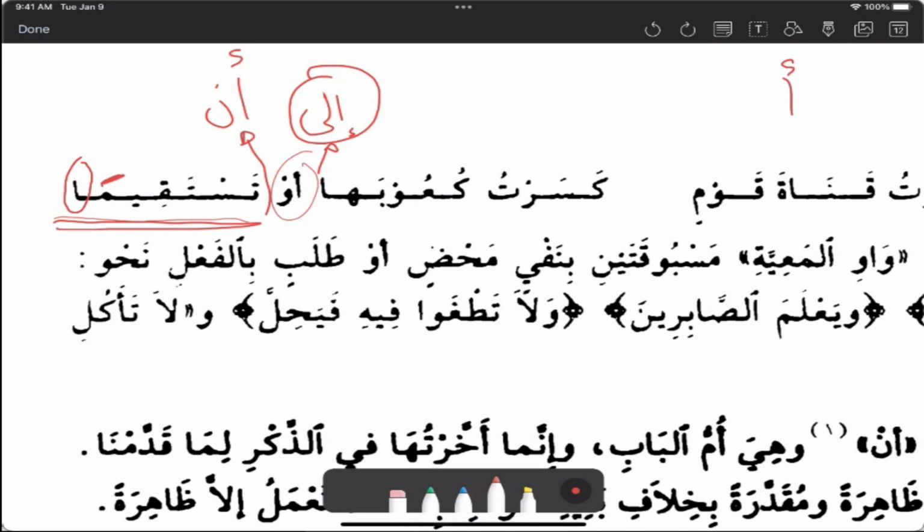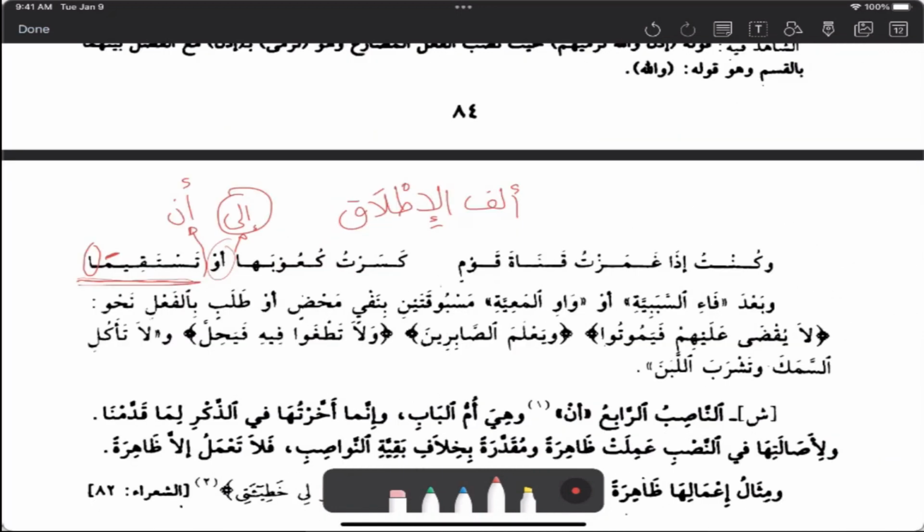That's called alif al-itlaq, the alif that comes at the end of a line of poetry, whether it's the front part or the back part. The poetry is made of two parts: as-sadr, the chest, and the ajuz, the rump, yani, the backside.